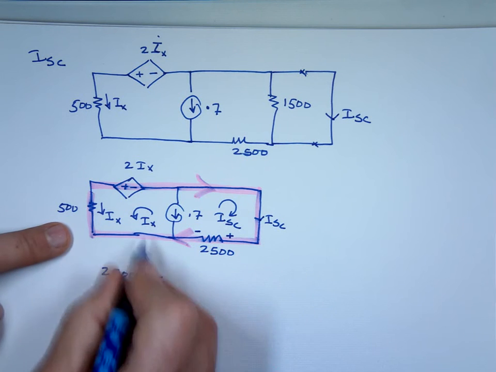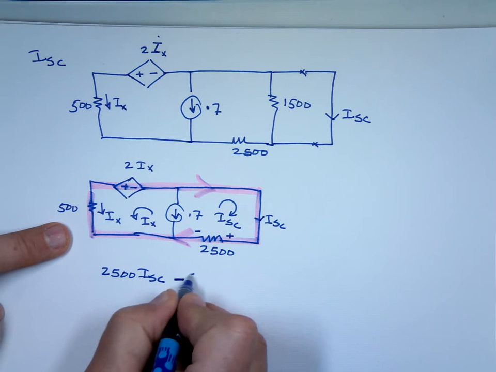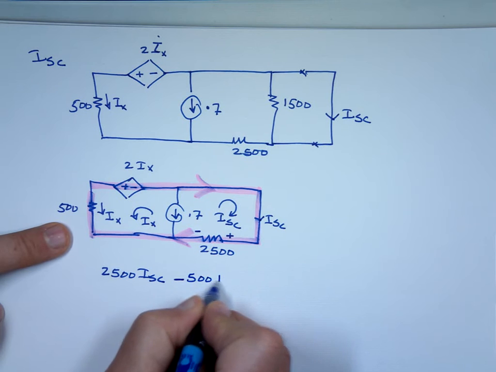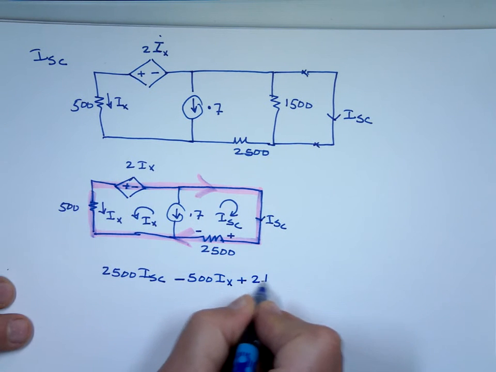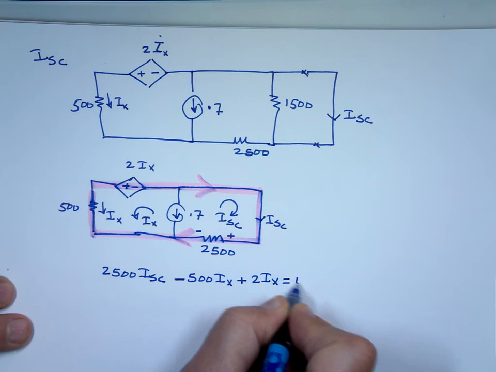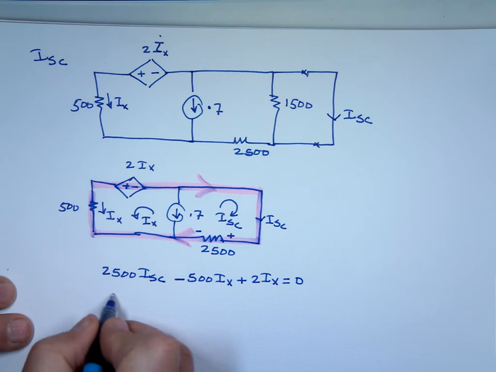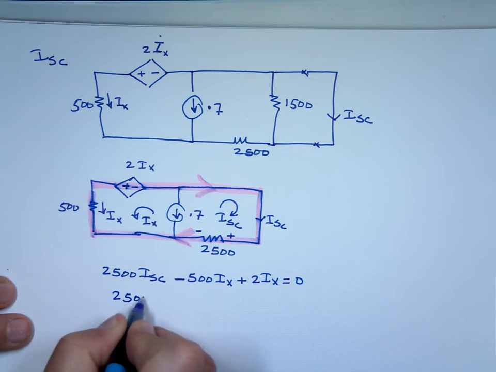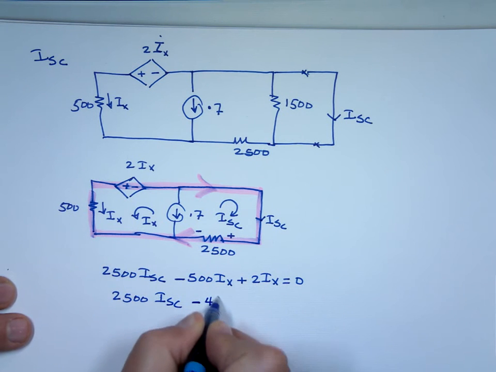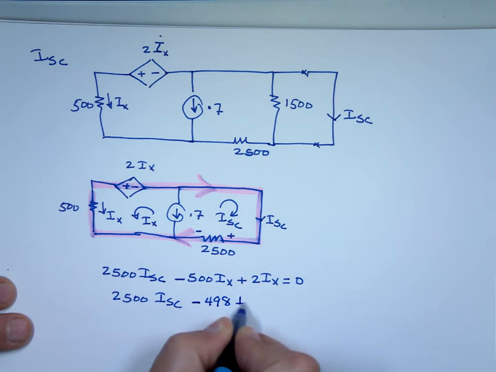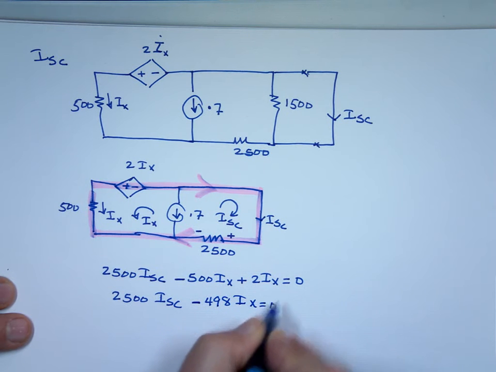This will be what? Minus 500 I sub x plus 2 I sub x equals 0. So 2500 I short circuit minus 498 I sub x is equal to 0. That's the first equation.